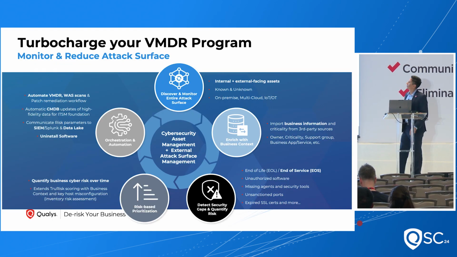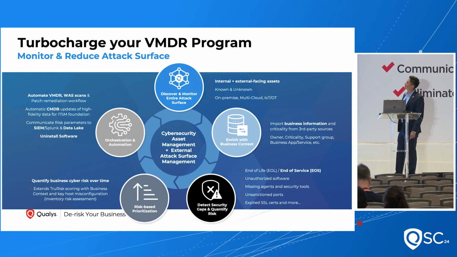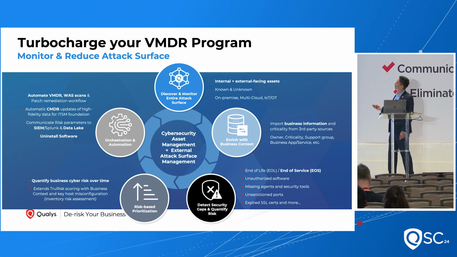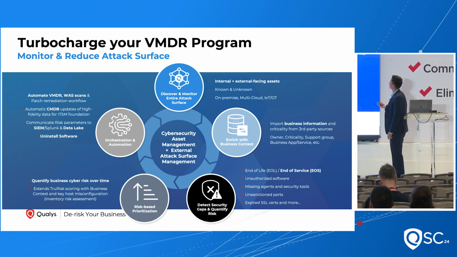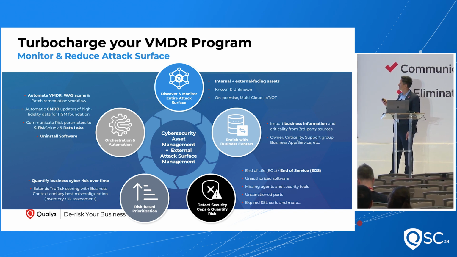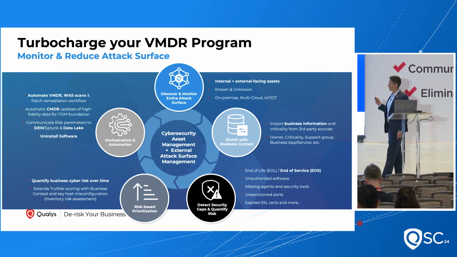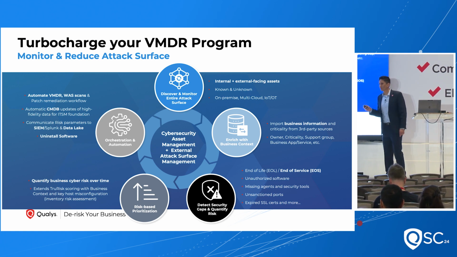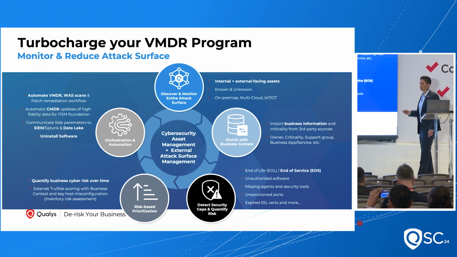So to summarize, right, with CSAM, you can discover all of your assets, internal and external. You can import or add your business context to your VMDR program. You can assess and detect security gaps beyond the vulnerabilities, like end of life and unauthorized software.